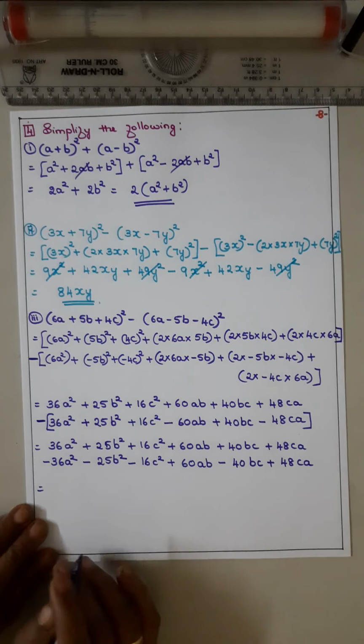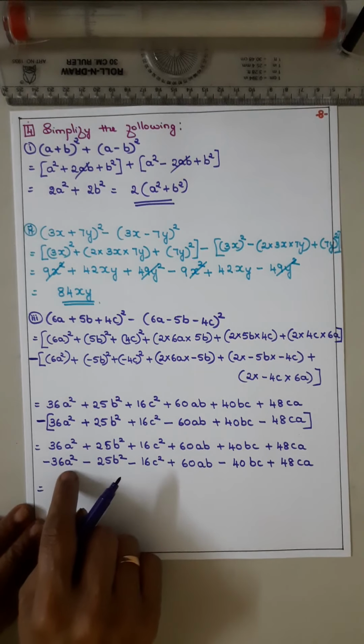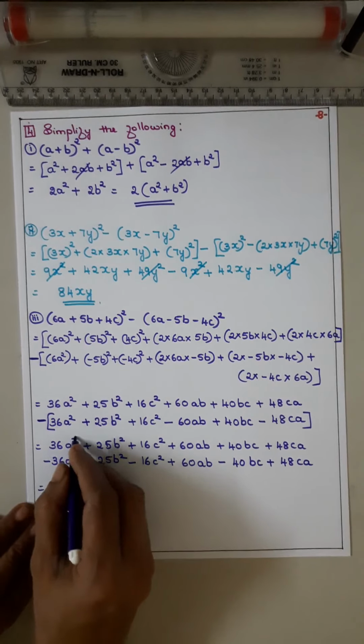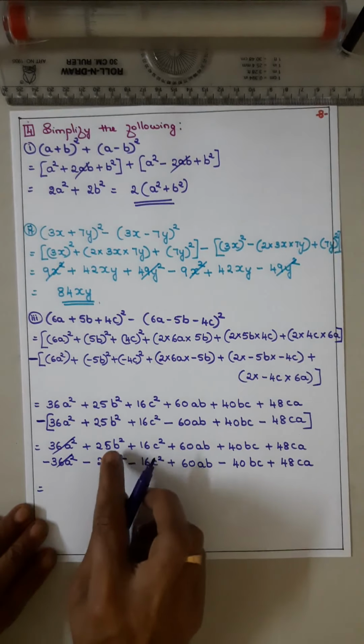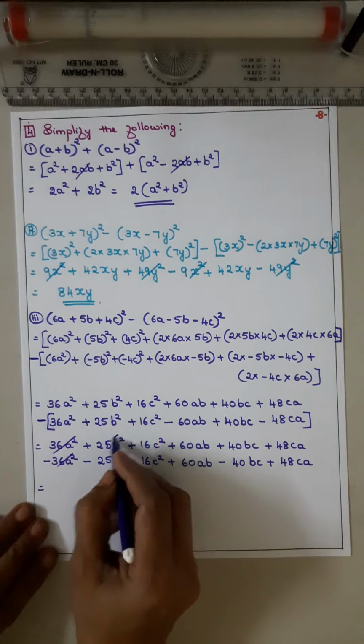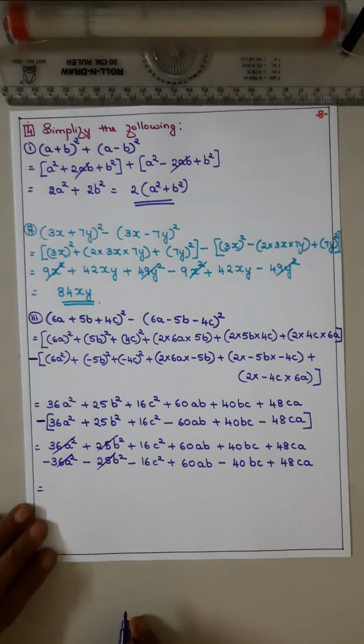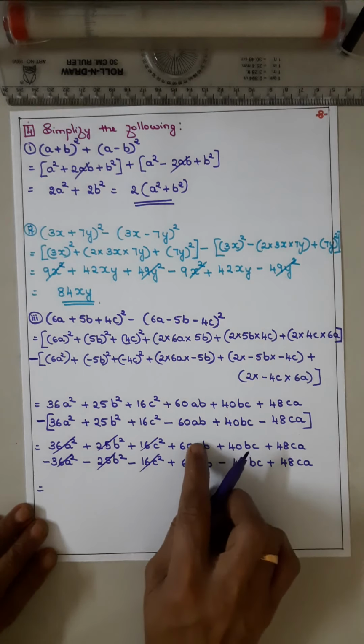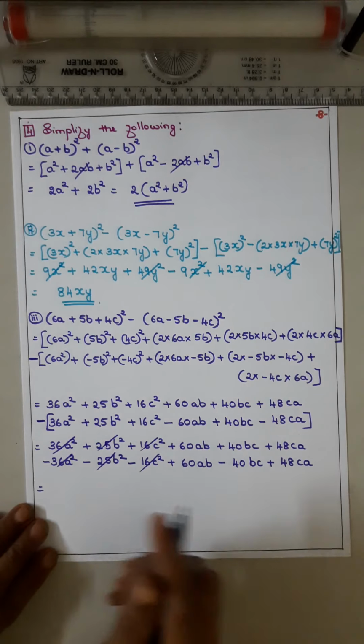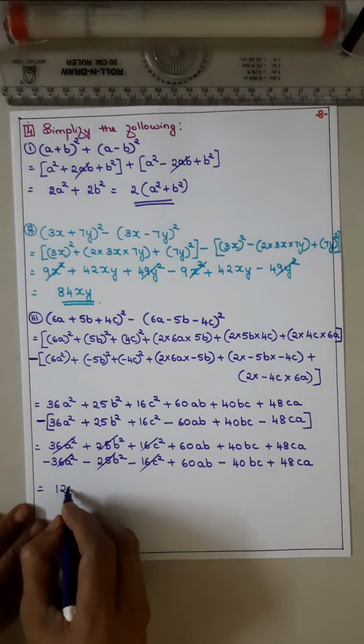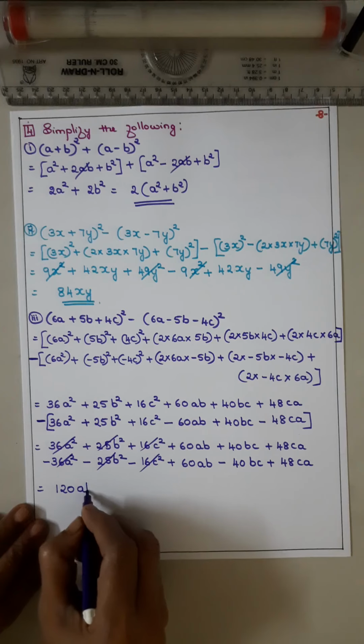नाउ कैंसलेशन. 36a स्क्वायर माइनस 36a स्क्वायर गेट कैंसल्ड. 25b स्क्वायर माइनस 25b स्क्वायर गेट कैंसल्ड. 16c square minus 16c square get cancelled. Now plus 60 plus 60, 60 plus 60 120 AB.